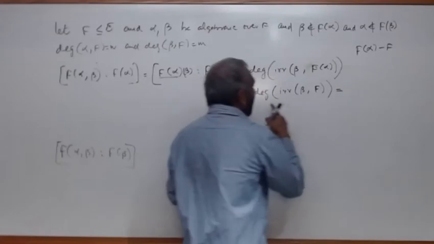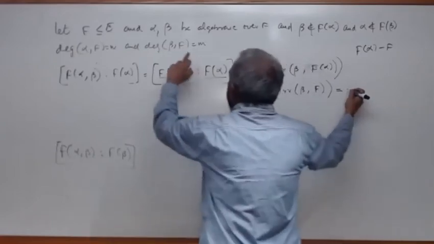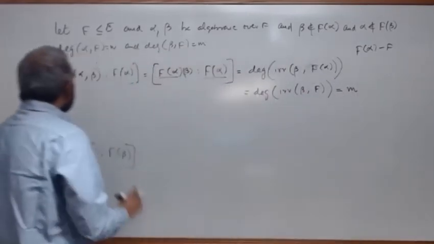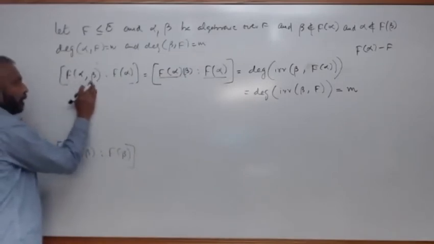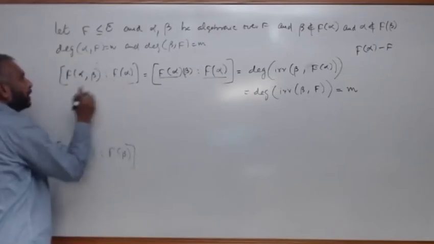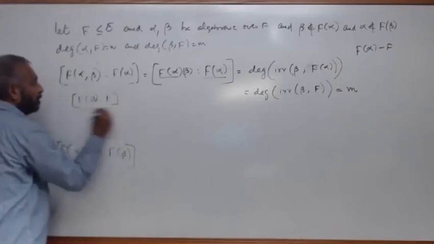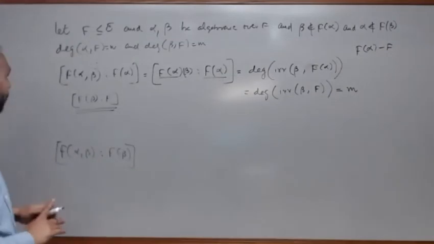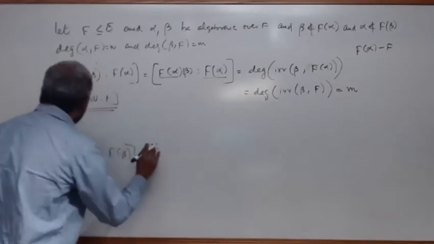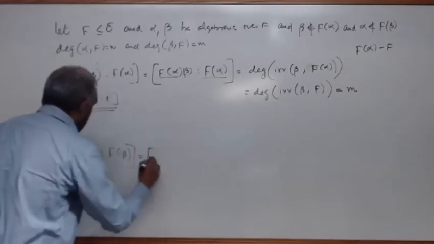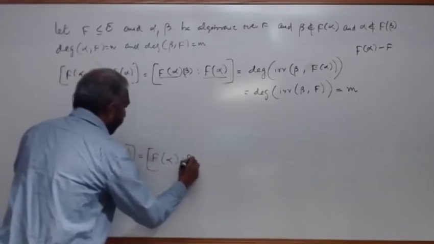This is nothing but the degree of F(alpha, beta) over F(alpha), which is the same as the degree of F(beta) over F. Similarly here, this will be the degree of F(alpha) over F.